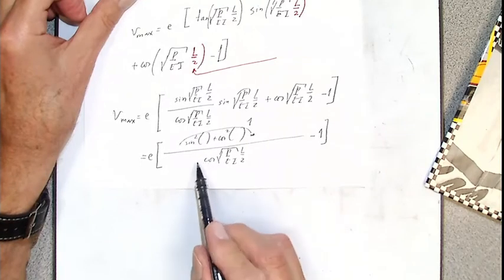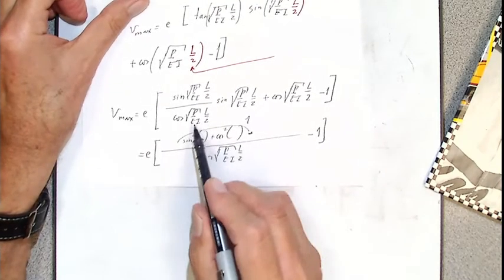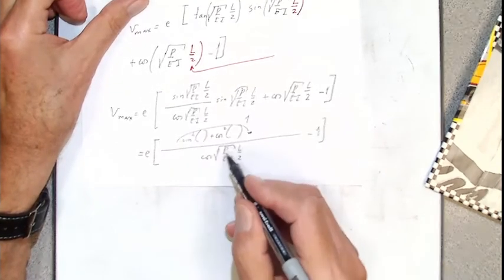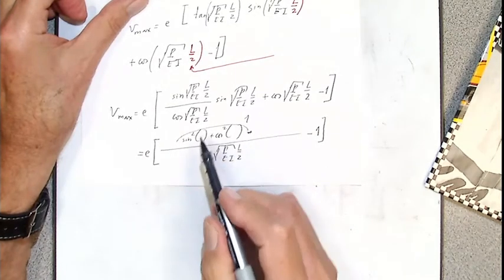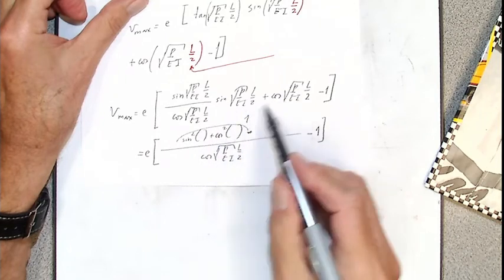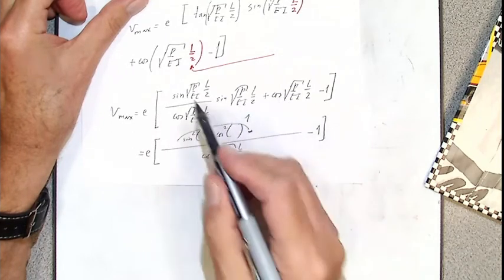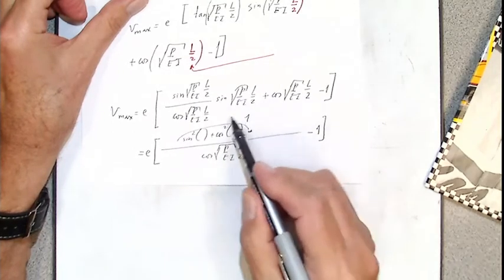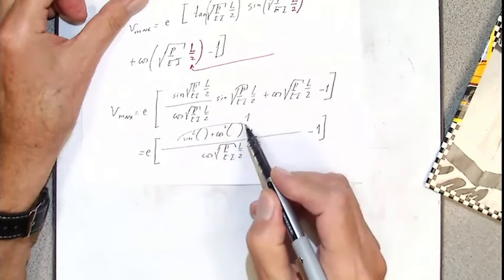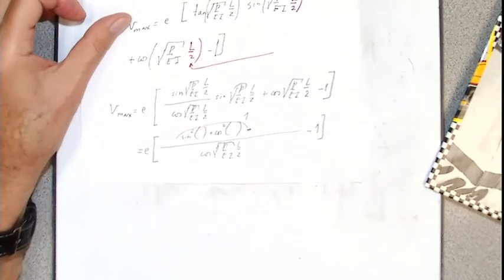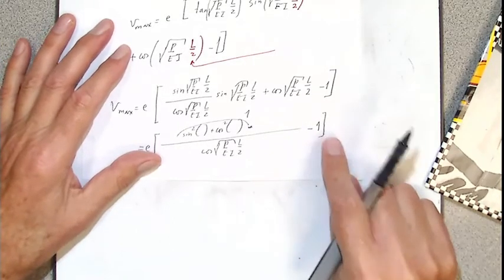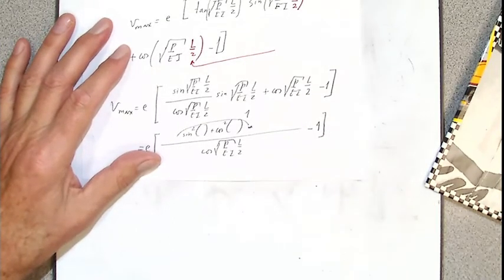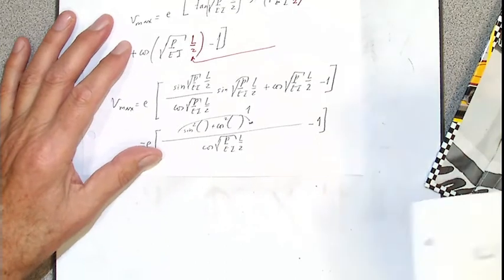So therefore, I would like to bring it to a common denominator, which is cosine of square root P over EI, L over 2. Then I multiply this by cosine, and it will be sine square plus cosine square, which equals 1. So I will have 1 over cosine minus 1. Okay?